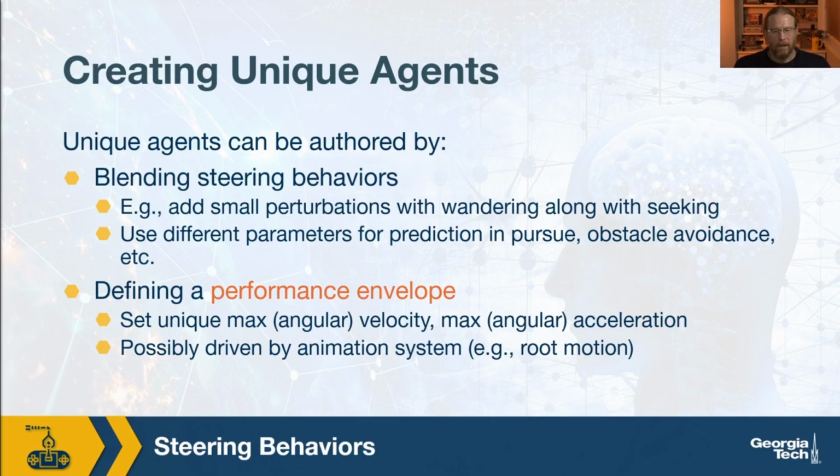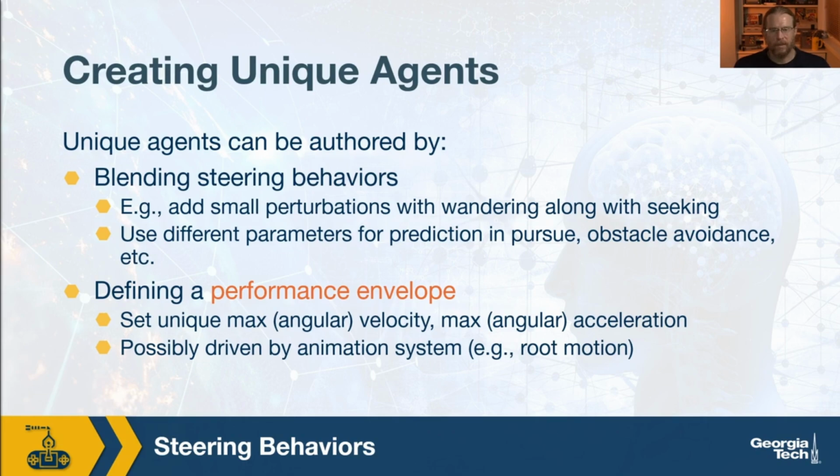So in terms of creating a unique agent, of course, we can select appropriate behaviors for the particular activity of the agent. And maybe to further make behaviors unique, we might blend in steering forces that aren't necessarily related to efficiently performing an activity, but maybe something to define character or just look unique in terms of motion or movement.